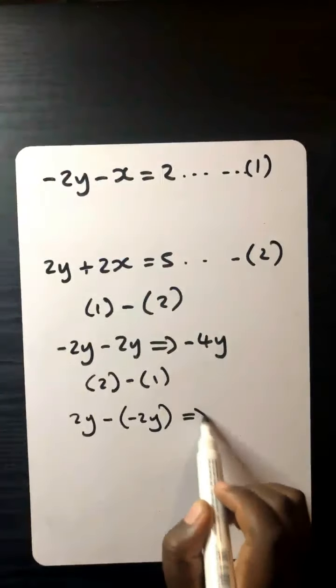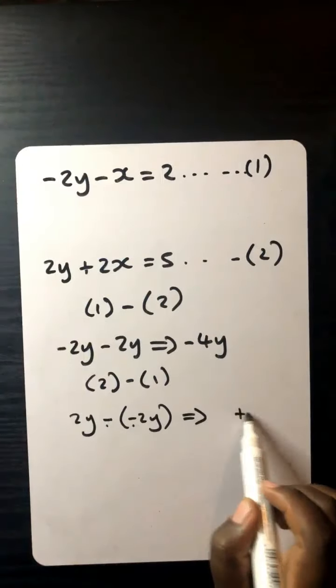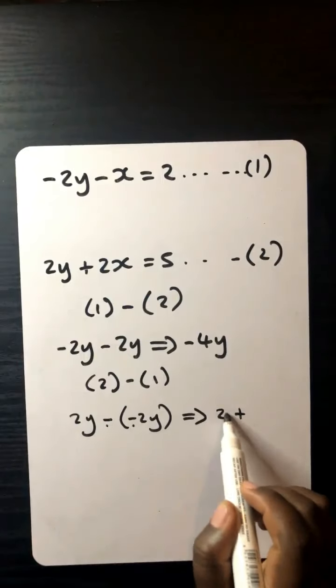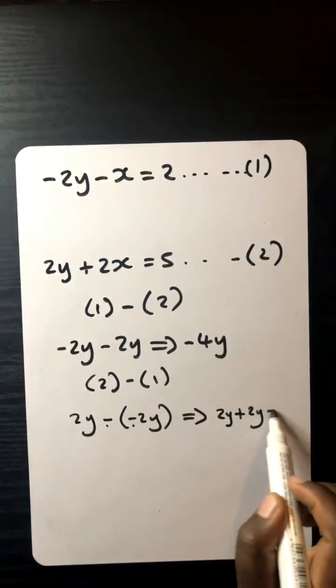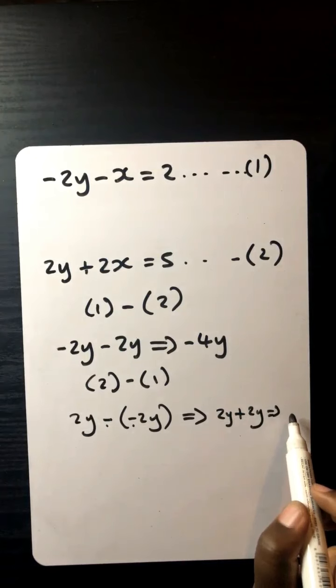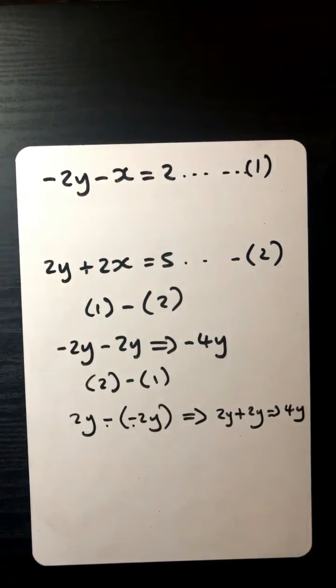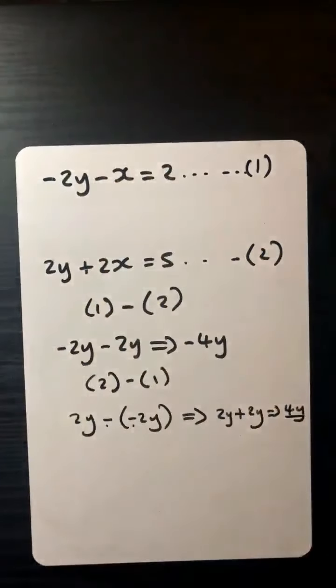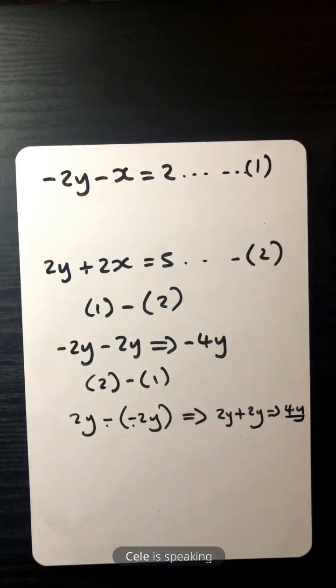That times that is positive. Then you've got 2y plus 2y, which still gives you positive 4y. Do you see you did not eliminate that 2y? Can you see? Yes, sir.